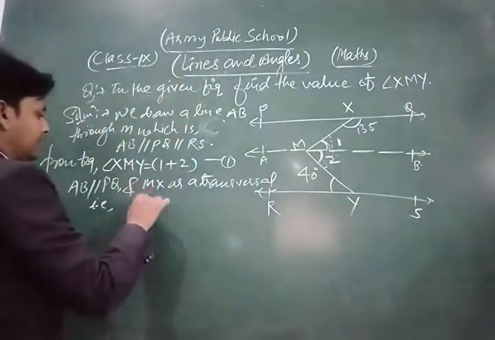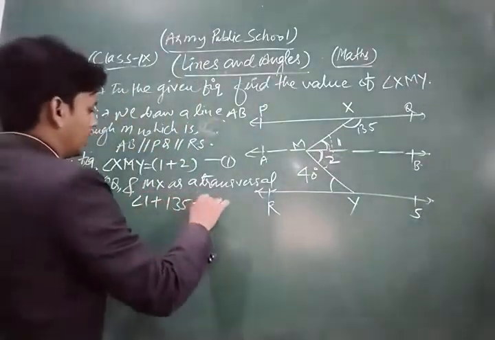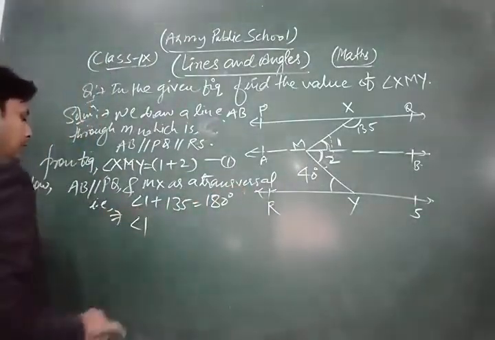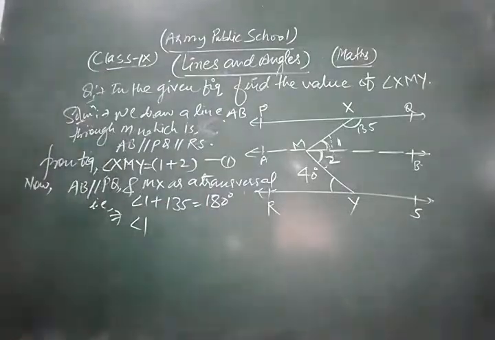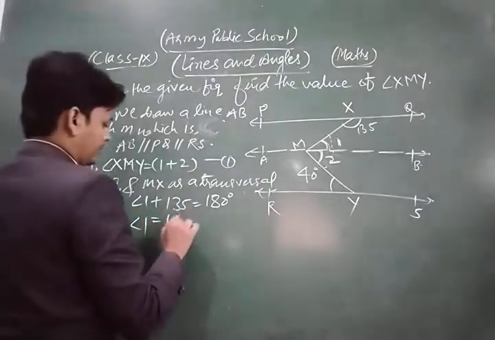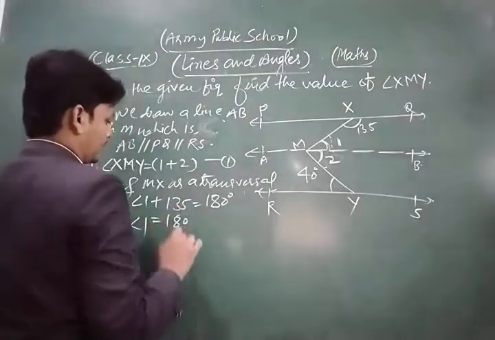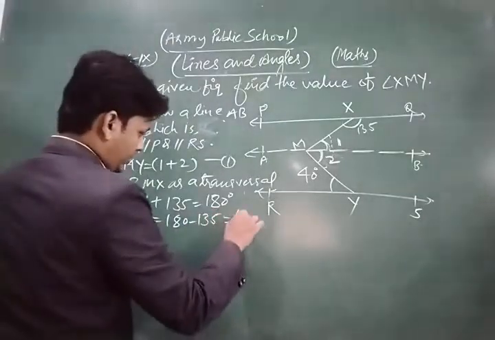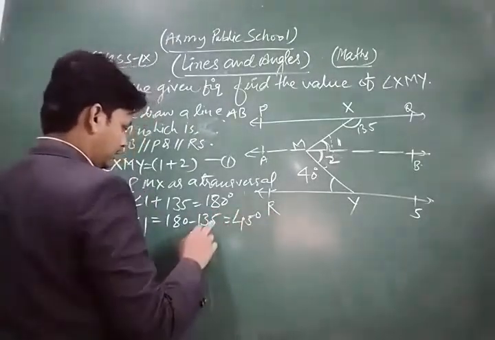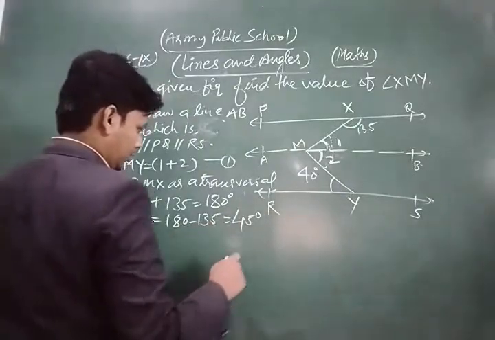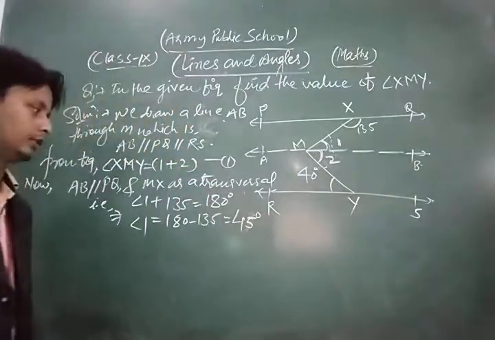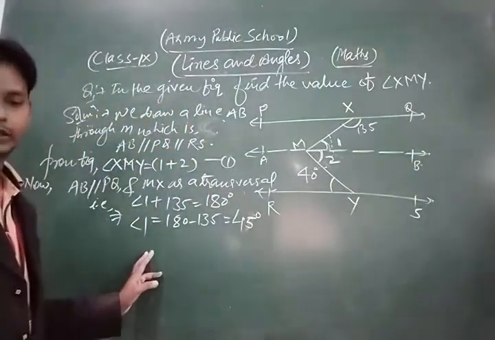So angle 1 plus 135 is equal to 180 degrees. So now from there angle 1 is equal to 180 minus 135, that is 45 degrees. So angle 1 we find is 45.